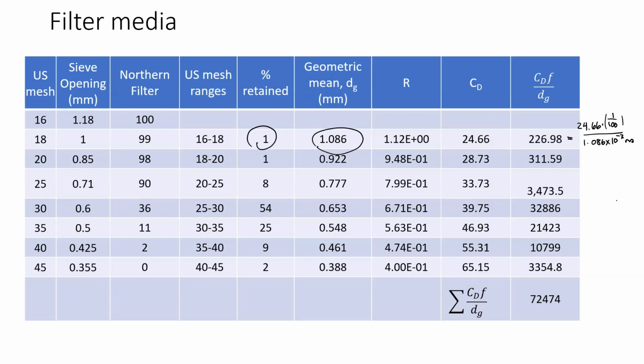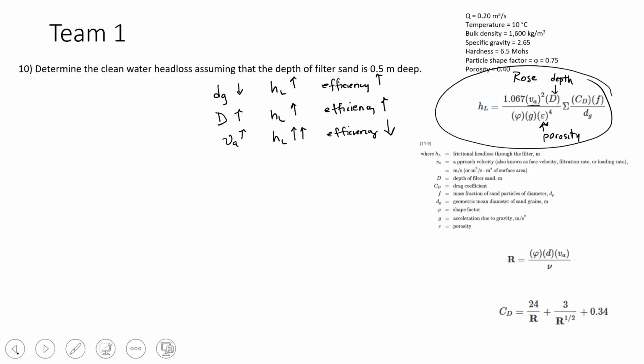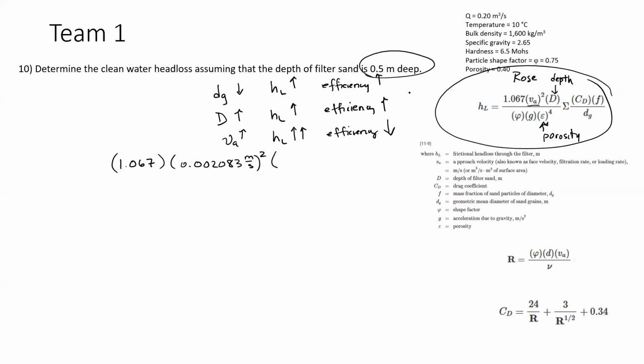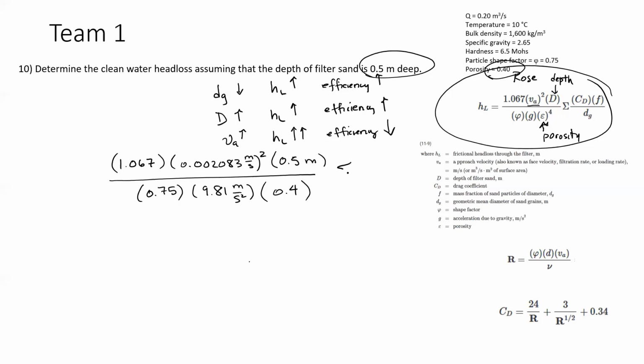We will then sum. So back to this equation, we have 1.067 times the approach velocity squared, times the depth, which I've specified as 0.5 meters, divided by the particle shape factor times g times the porosity, which you're told is 0.4, times the sum of CD times the fraction divided by the geometric mean. And this is equal to 0.891 meters.